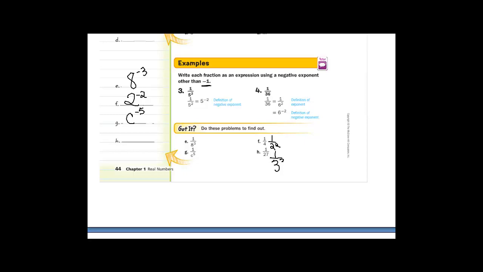So this would be 1 over 3 cubed is the same thing as 1 over 27. So I can now flip this one and make it 3 to the negative 3. And again, I want to point out that like on F and G, the base did not change signs. Only the exponents changed signs. Okay? Only the exponents. Whenever you do a reciprocal, only the exponents change.